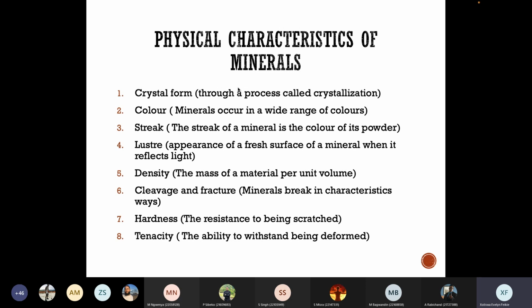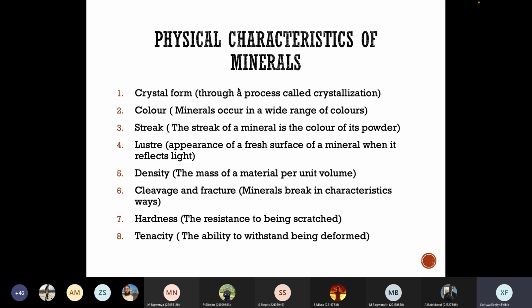When it's breaking, it will either cleave or fracture. When it's cleaving, the breaking is arranged in terms of lines. But when it fractures, it just breaks and there is no pattern in the way it broke. That's fracture. The cleaving part is when the breaking of the rock is more arranged. Then we say this rock cleaved and did not fracture.